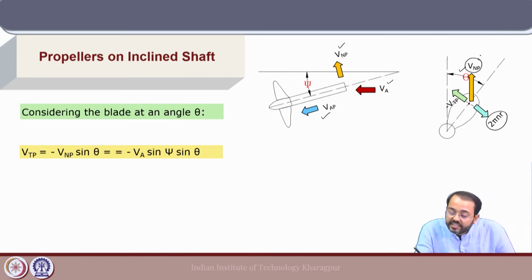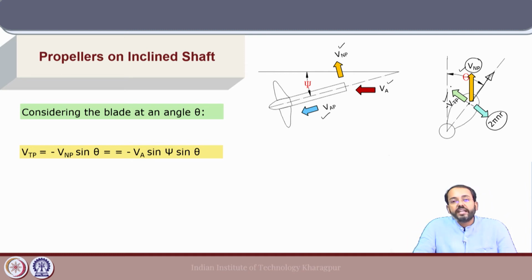Now, due to this extra velocity component VNP at an angle theta, this VNP will have a component in the direction which is outwards to the propeller radius and in the tangential direction which is VTP.